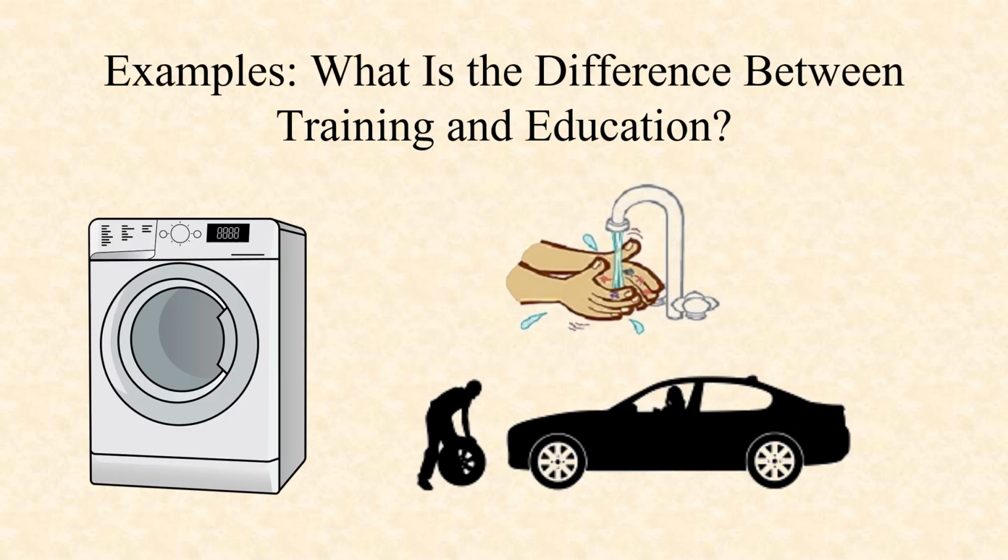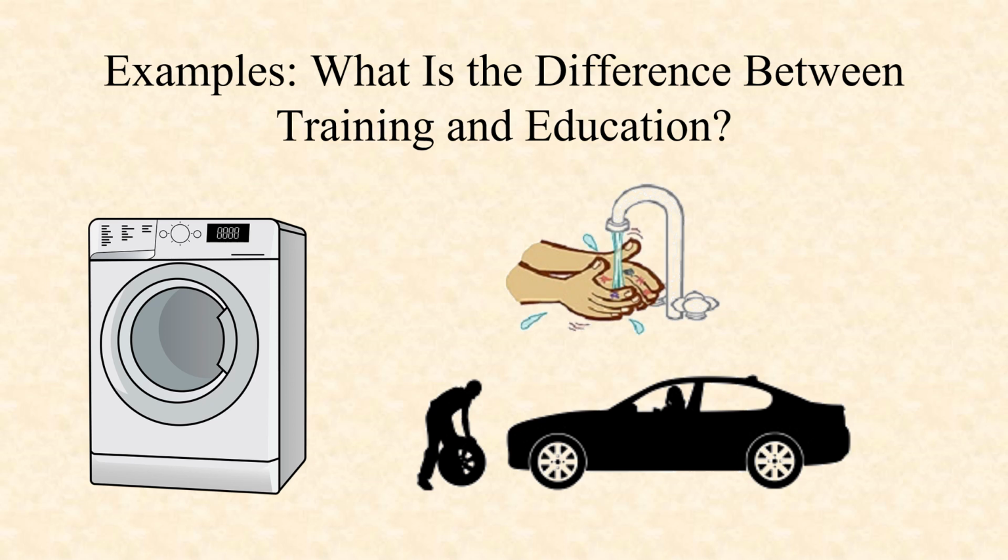In each of the scenarios pictured here, whether you're washing clothes, changing a tire on a car, or taking safety precautions such as washing your hands and dealing with other aspects of cleanliness to prevent the spread of a pandemic disease, we could probably accomplish what we need in terms of learning by giving some training.